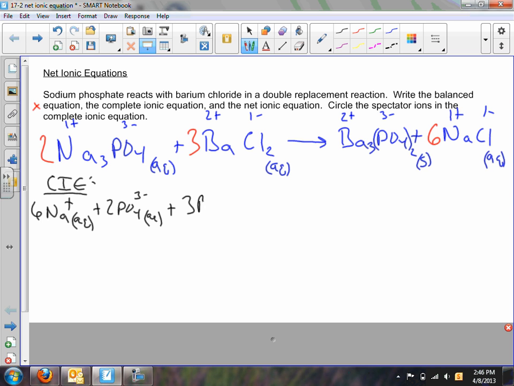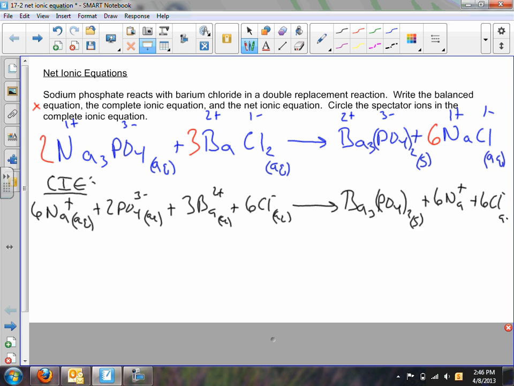I have 3 barium 2 plus ions and 6 chloride ions. Over here, the barium phosphate was a solid, so that will not split apart, but the salt is aqueous, so it will split apart. That would be the complete ionic equation, taking everything that is aqueous and splitting it apart into ions.